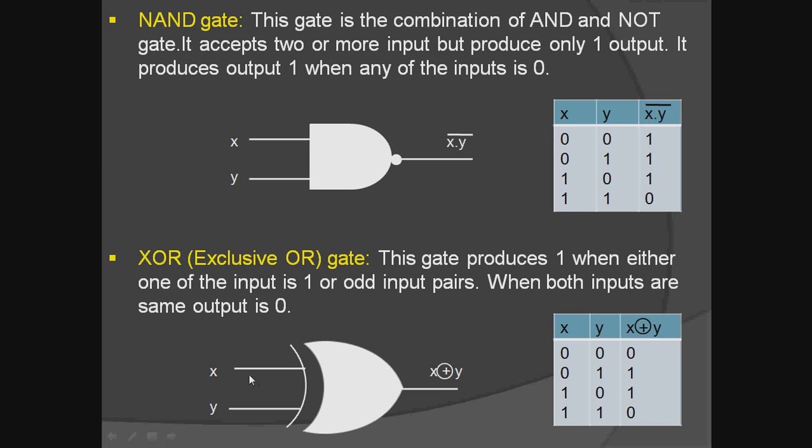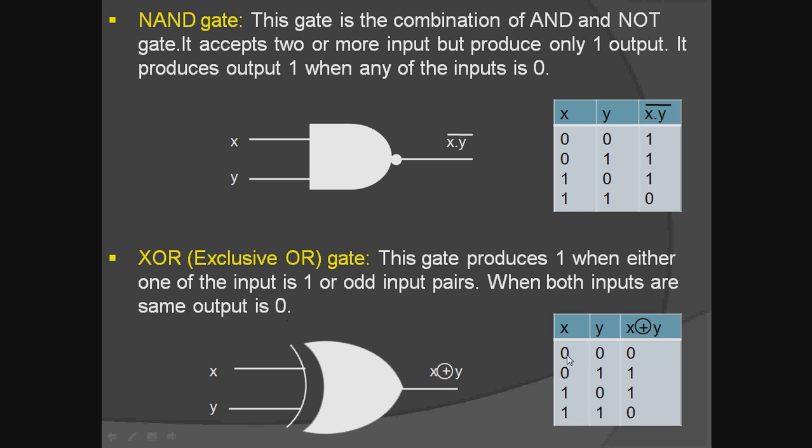So if the input values do not match, suppose x is 1 and y is 0, or x is 0 and y is 1, then the output will be 1. This XOR, exclusive OR, in the truth table is represented by this plus and these circles. When both inputs are the same, the output is 0.